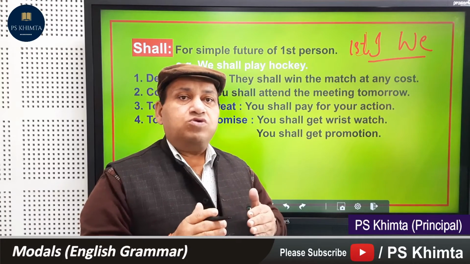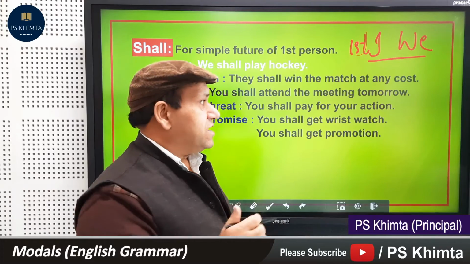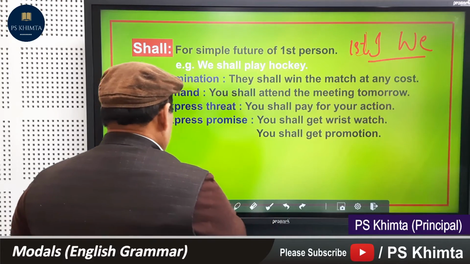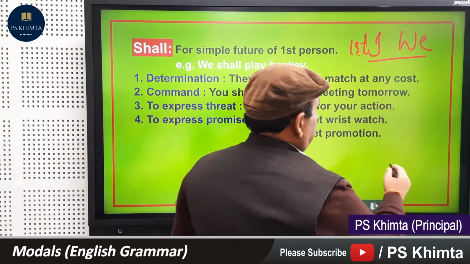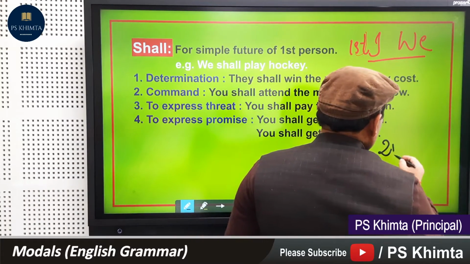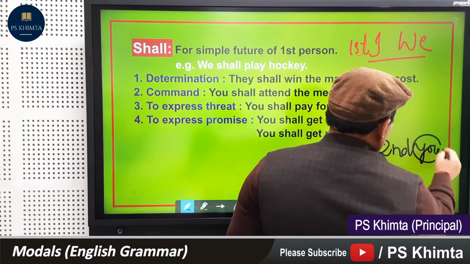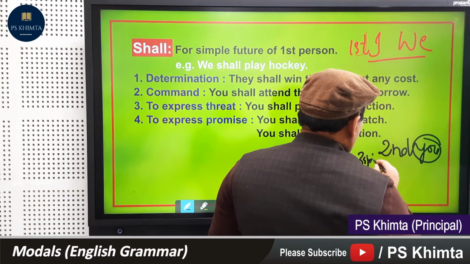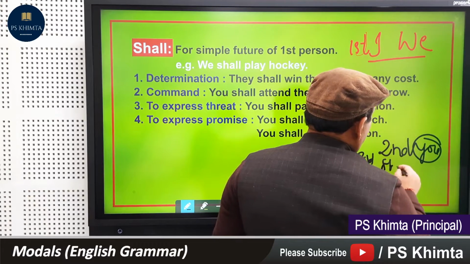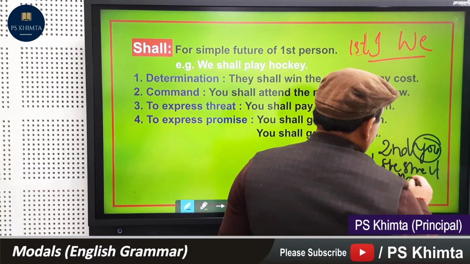But we have found that shall is also used with the second person and third person. What are those second and third persons? Second person is always you, all right? And third person is he, she, it, and they.